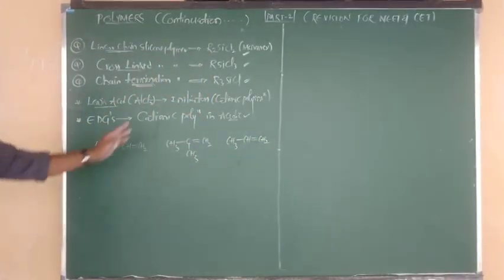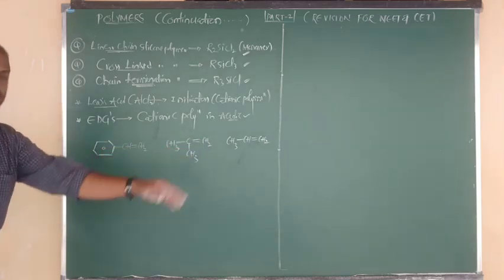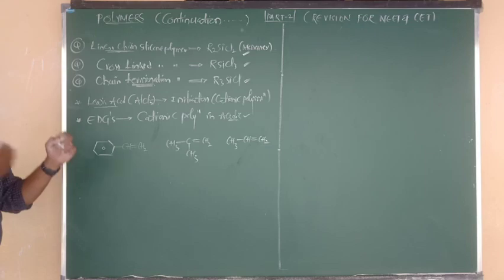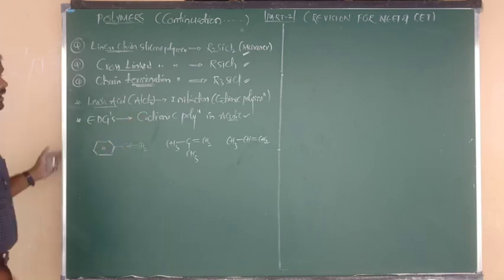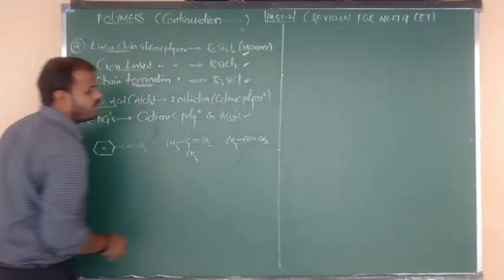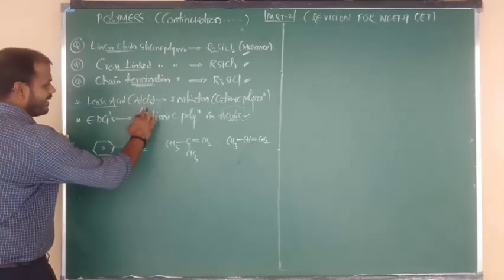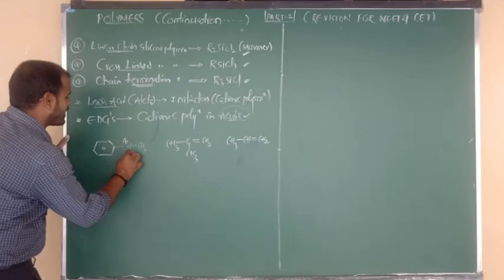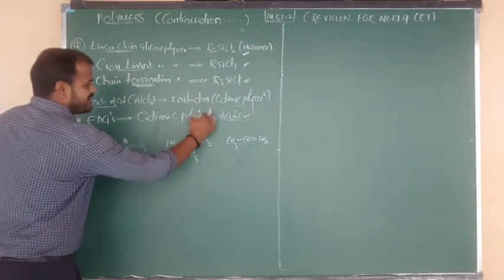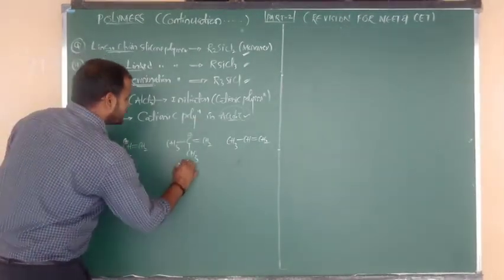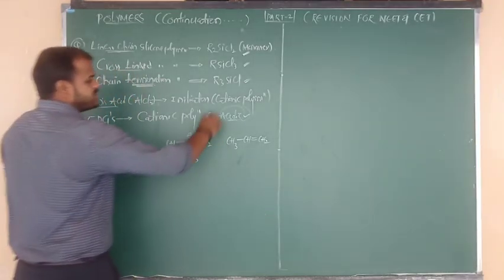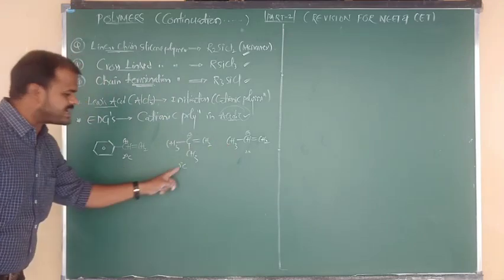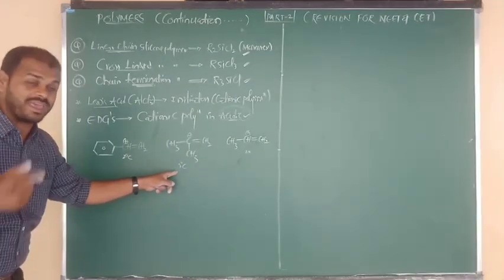So all of them undergo cationic polymerization, these double bond compounds. But which is most reactive towards cationic polymerization in acidic medium? Acidic medium means H plus is given to the last carbon. Here you get a secondary carbocation. Compared to secondary, tertiary carbocation is more stable, accepted.